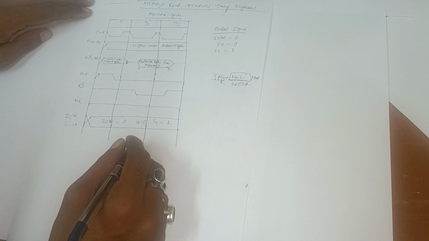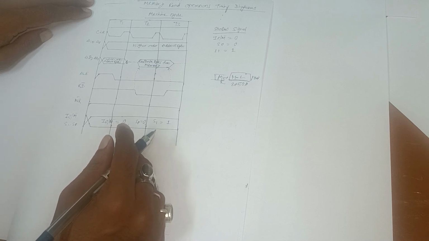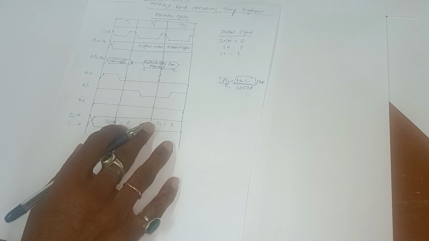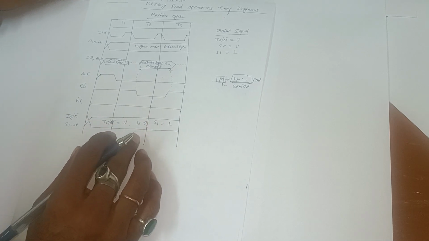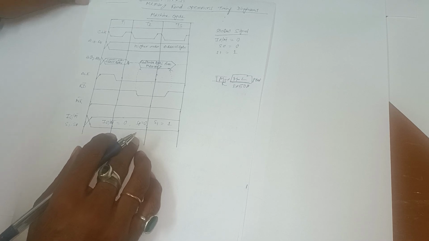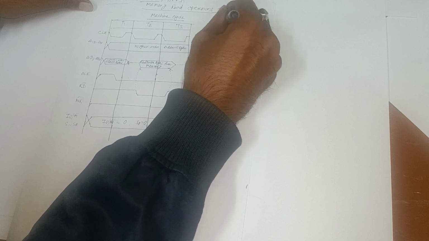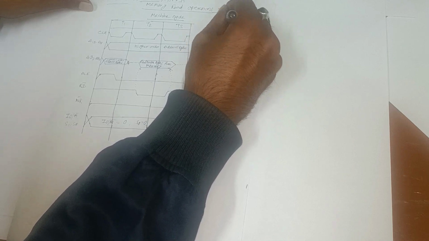Here also, as I told you, one machine cycle is needed, and it requires 3 T states, T1, T2, T3. Earlier the opcode fetch required 4 T states, but this needs only 3 T states.